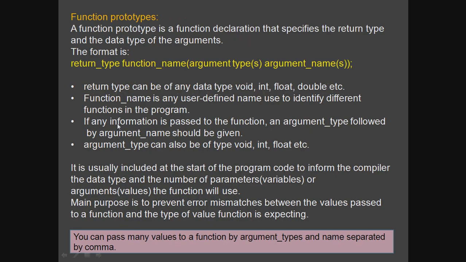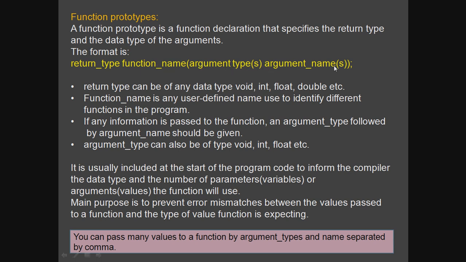Function prototype is also very important when we discuss user defined functions. A function prototype is a function declaration that specifies the return type and the data type of the arguments. The format is return type, function name, which is the user defined function name, and within the parentheses the function may pass an argument type and argument name.